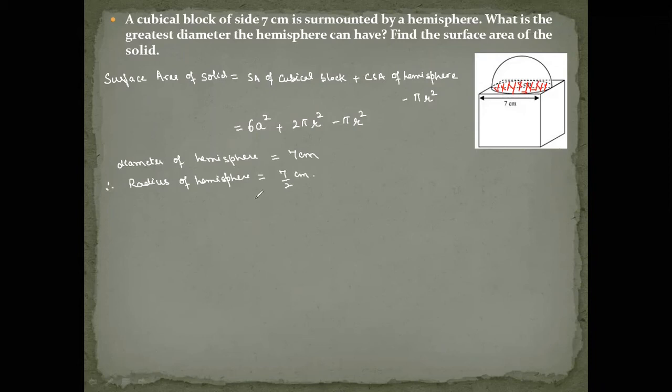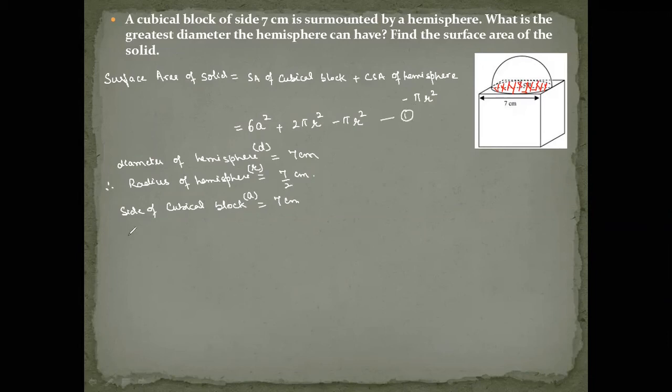So we are just going to substitute these values, as we know the side of cubical block is 7 centimeter. So this one can be represented as D, this one is your R, and this one is your A. So we are going to substitute all this. Let us take this one as equation number 1.